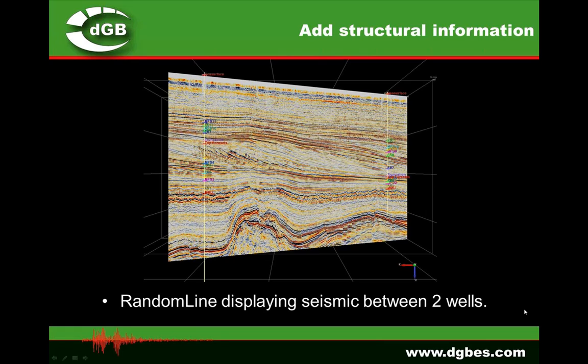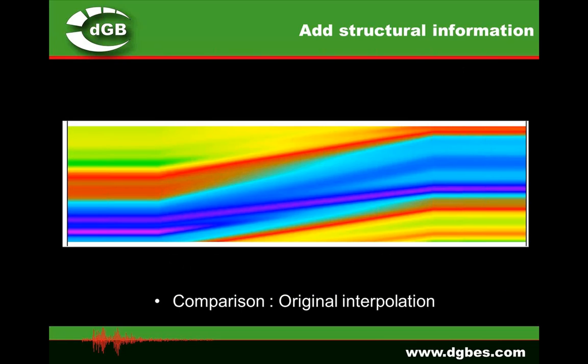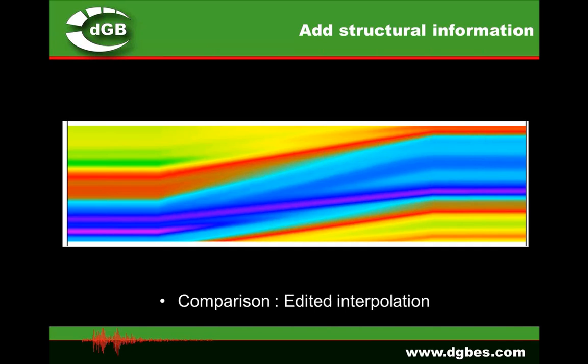So you can actually make it more curvy, like in this one, so they will better match what you actually see in your seismic. You see the difference, that's the impedance. So you see the impact of changing the marker geometry.